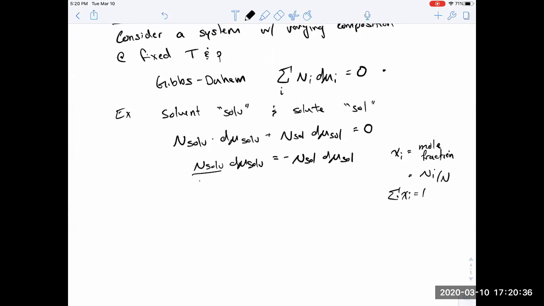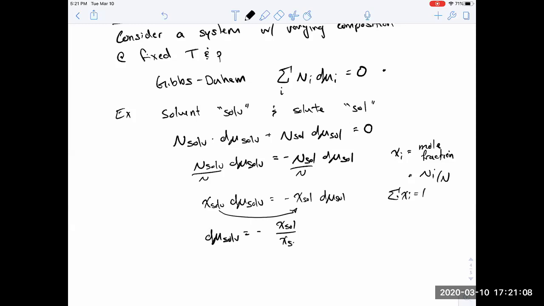If we divide this through by N, I will have the mole fraction of solvent times its change in chemical potential is minus the mole fraction of the solute times its change, or bringing this over here, the change in the chemical potential of the solvent is minus the mole fraction of the solute over the mole fraction of the solvent, the minus sign, times the change in the chemical potential of the solute.